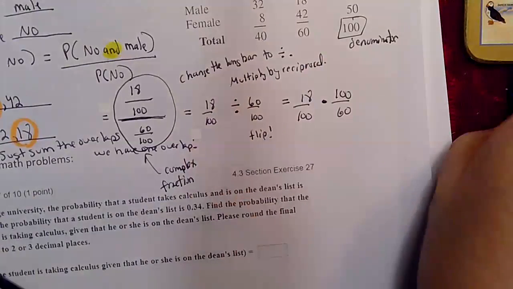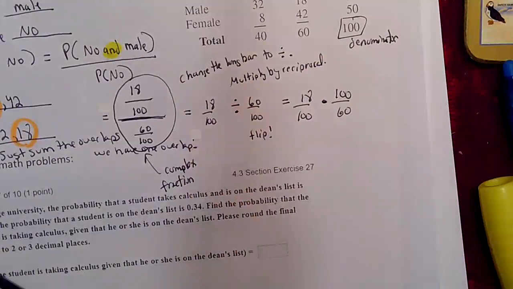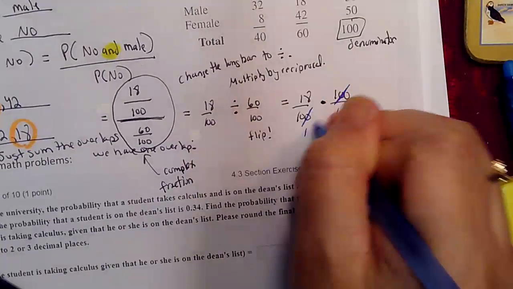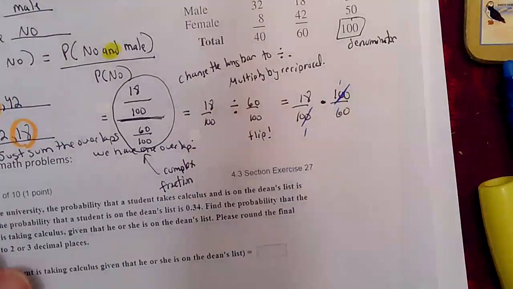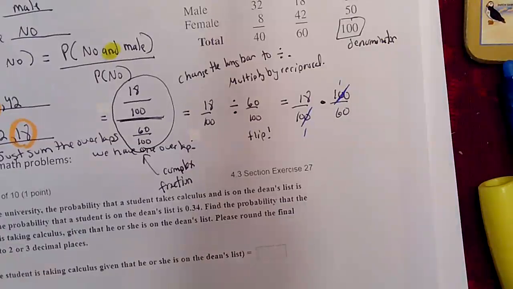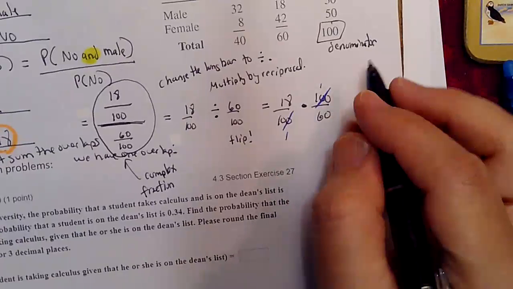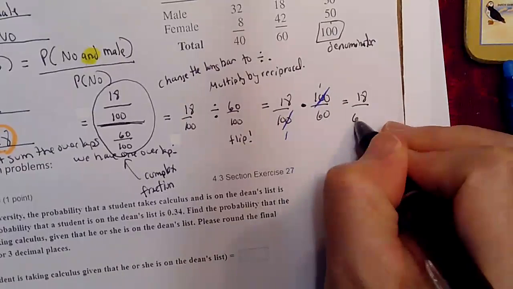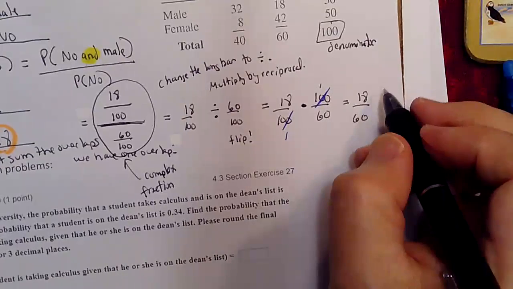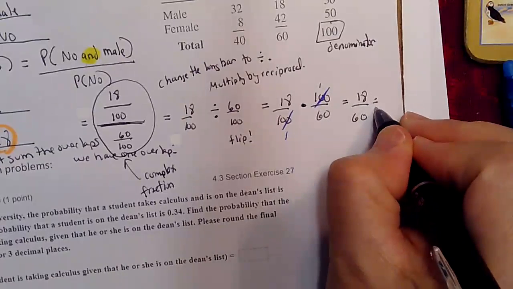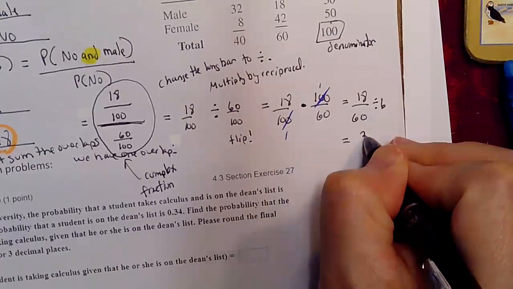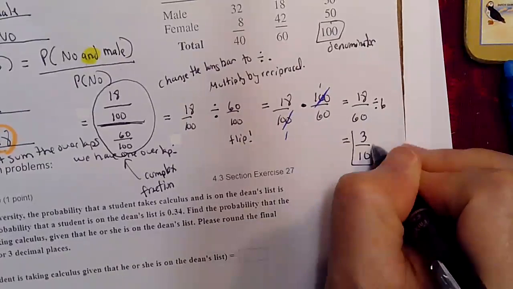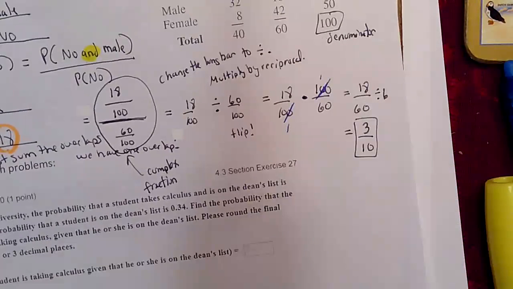This is not an accident. It will always happen: you see how 100 goes into 100. That's how you can check your work and know you're on the right track. Then 18 times 1 is 18, 1 times 60 is 60, and that reduces by 6. 18 divided by 6 is 3, 60 divided by 6 is 10. That gives us 3/10.